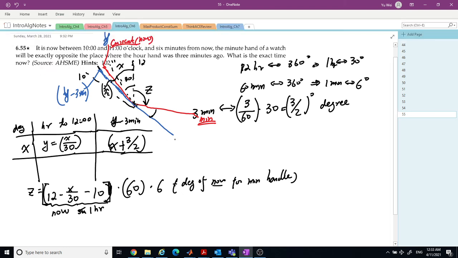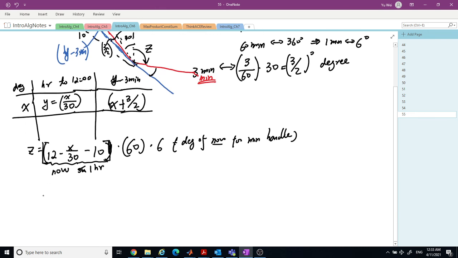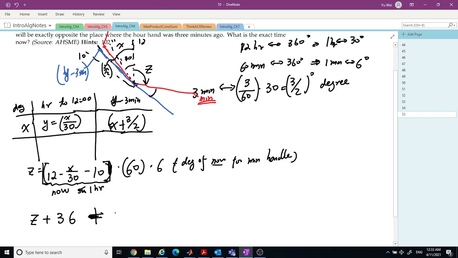So 6 minutes later, that means Z plus 36, plus X degrees plus 3 over 2, equals 180 degrees, since they are supplementary.